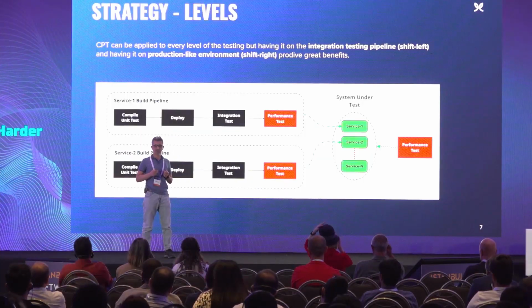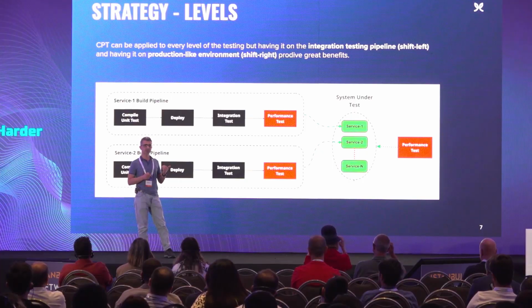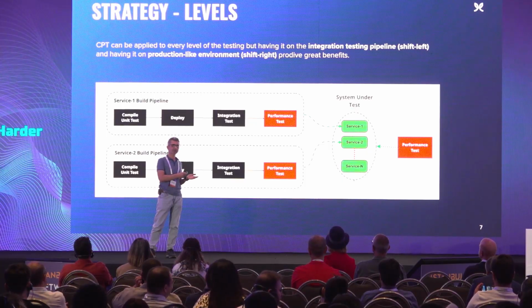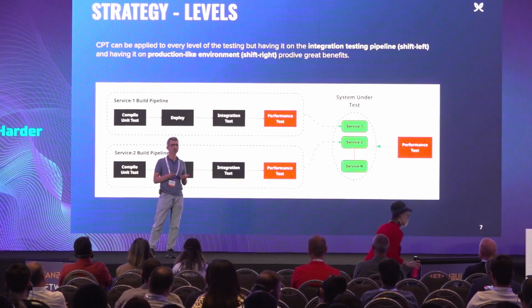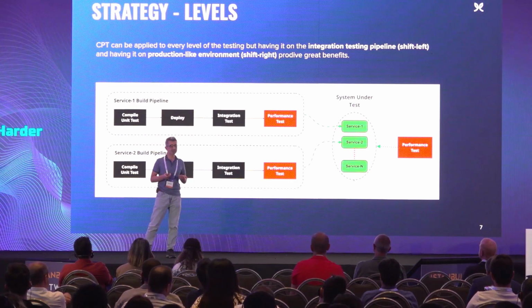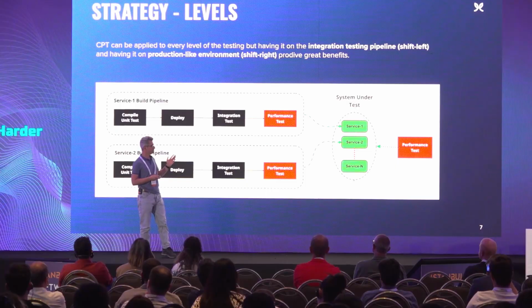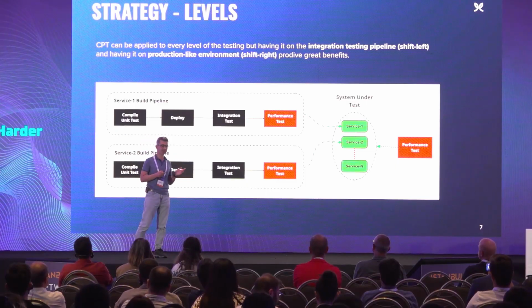And the strategy, so you see that we can apply performance testing at different levels, which means that it can be maybe at the unit level, maybe the integration level, maybe the system level. So you can see an image where different types of performance testing can be applied.